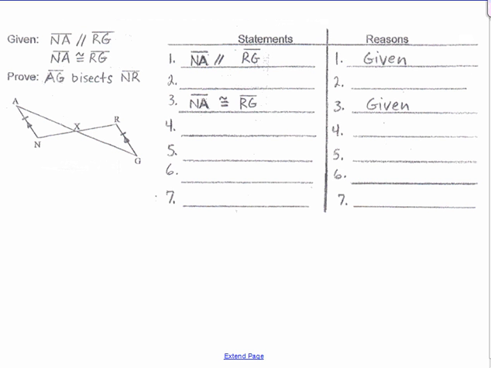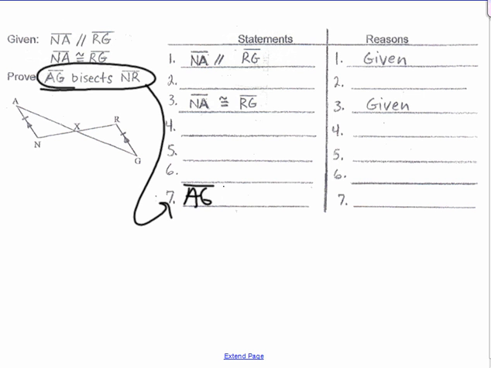Right, here we go. Write what you need to prove first. This is where these can start getting a little trickier. So AG bisects NR. Interesting. All right, so here we go. Start with red. Parallel. All right, so I need to get some congruent parts here.